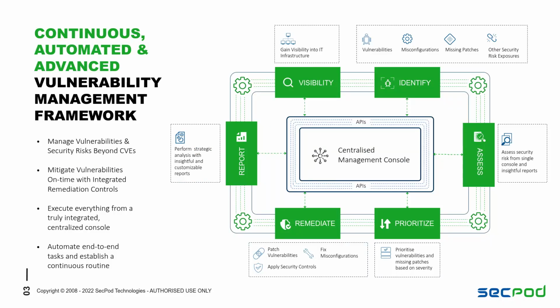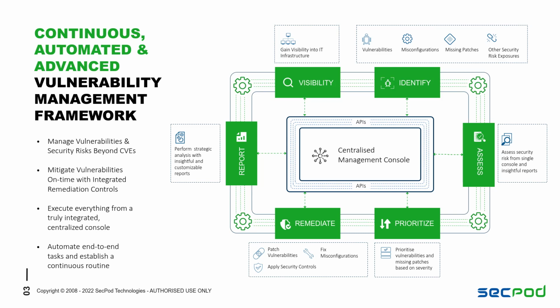So, I will dig deep into building a continuous automated advanced vulnerability management framework. As you can see in this slide, we have visibility, identify, assess, prioritize, remediate, report, all these things which are important for an advanced vulnerability management. I'm taking this slide from the previous webinar just to connect the dots from where the last webinar had ended.